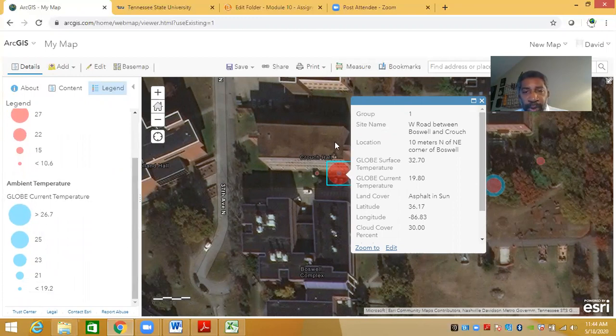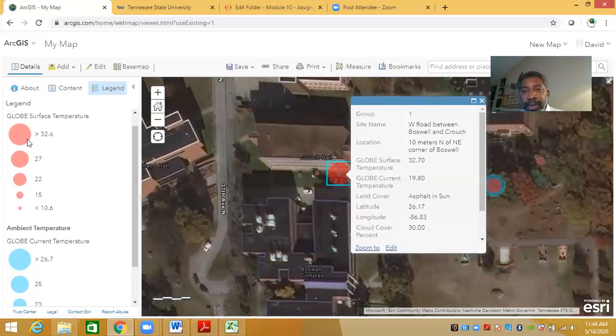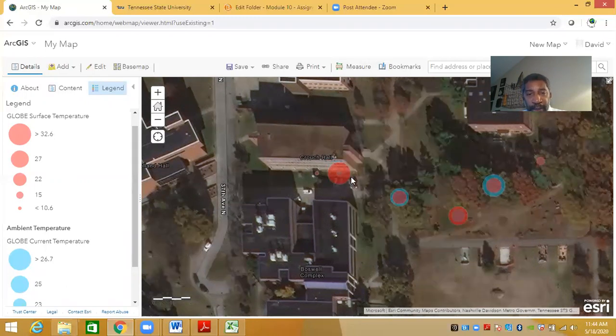And so you can clearly see that the ambient temperature is maybe around 19 degrees Celsius, and the surface temperature is approximately 32.7 degrees Celsius. This is where we have the asphalt in the sun, and the symbology clearly shows that in this location we have a surface that produces a lot of heat.